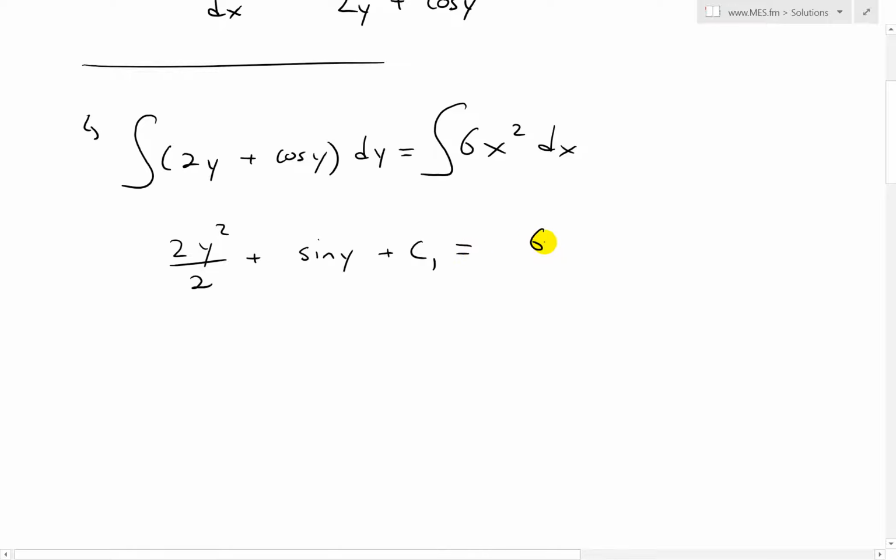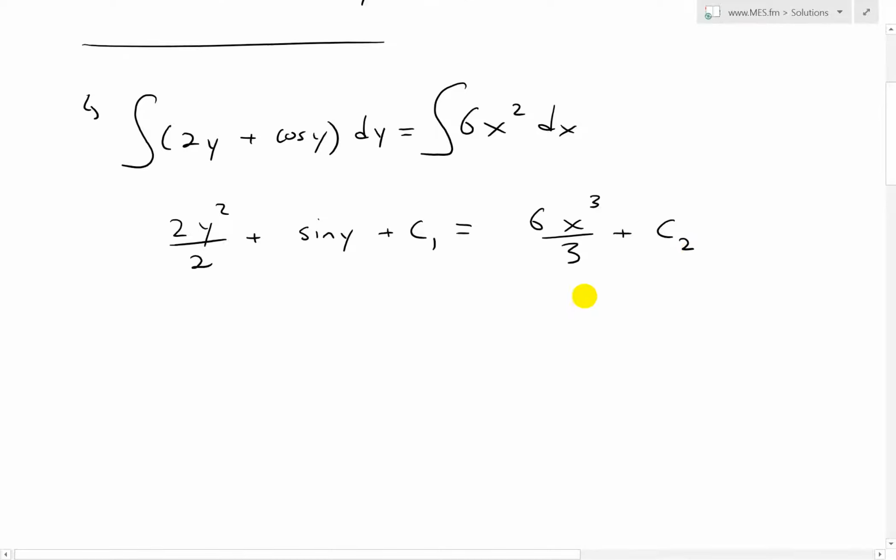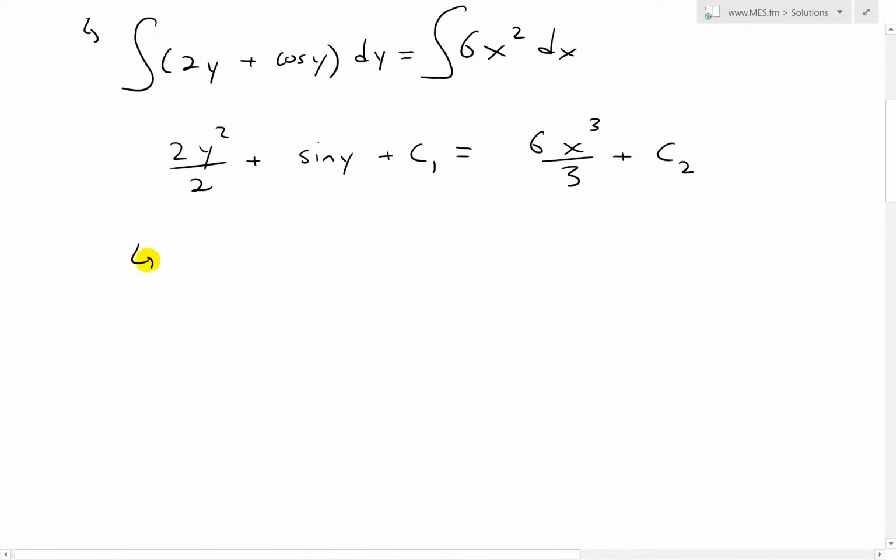On the right side, 6x squared becomes 2x cubed, plus a constant c2. We can simplify this further: y squared plus sine y, moving c1 to the right side, equals 2x cubed plus c2 minus c1.